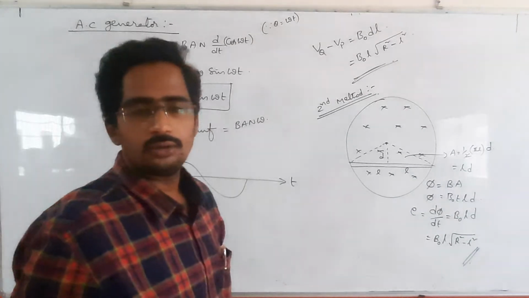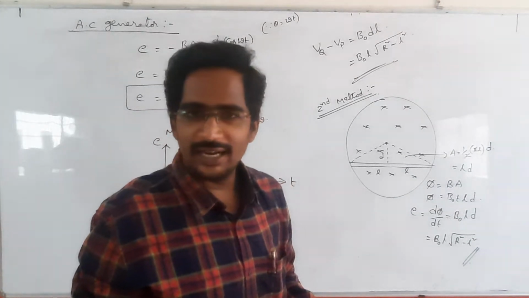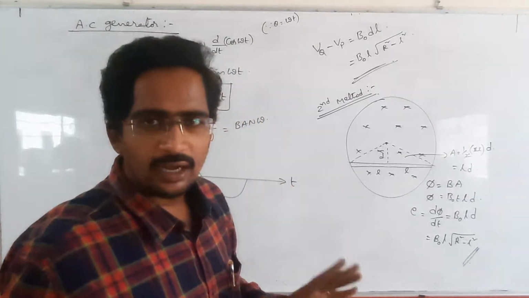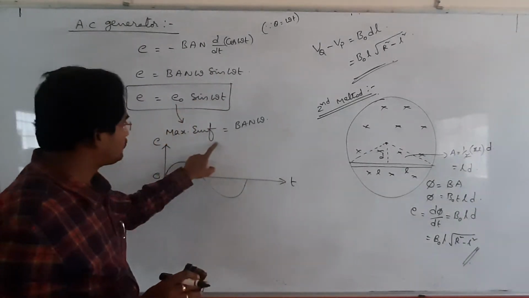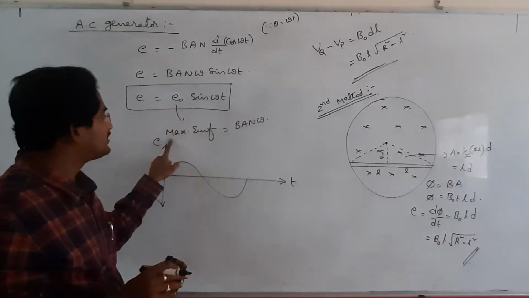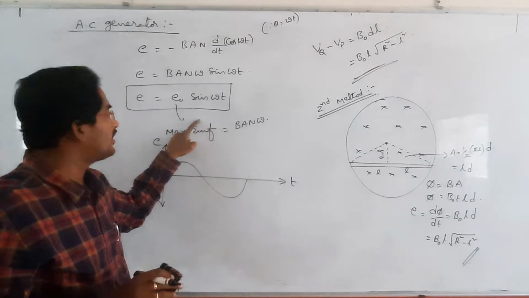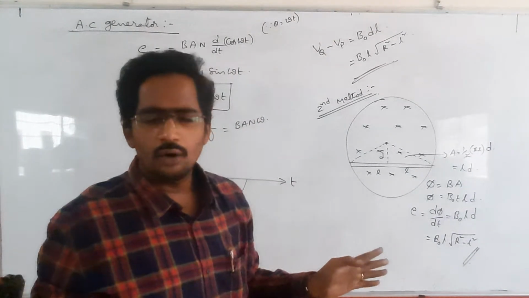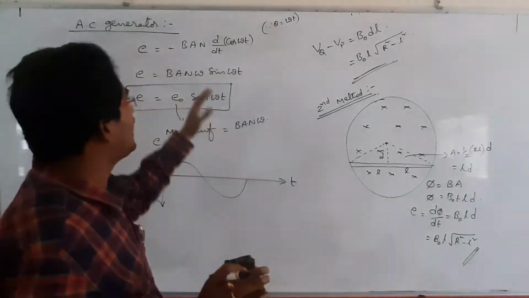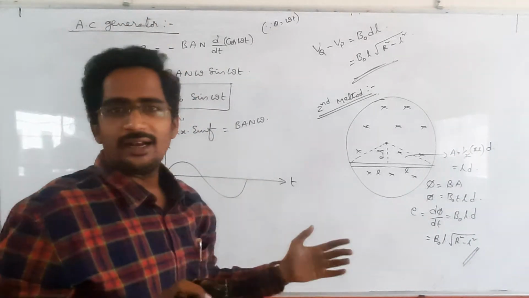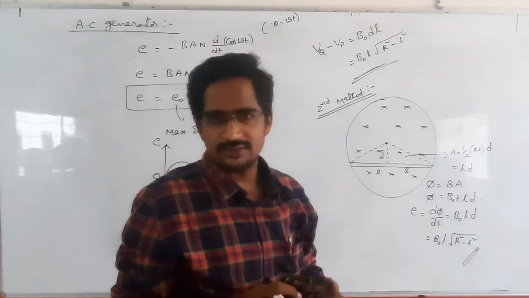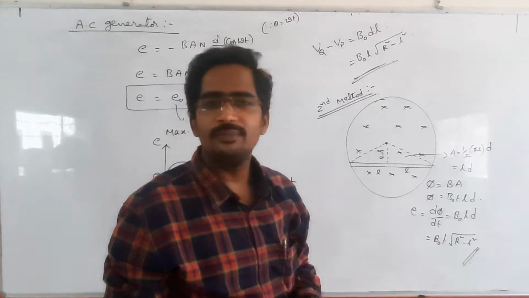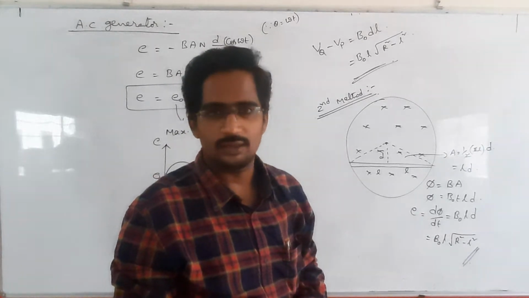If they ask you problems on the AC generator, they will ask only on the basis of these points. Maximum EMF formula, do remember it well. With that the AC generator is over. Okay. No need to worry about it. Just by knowing this much, you can easily attempt those problems in the exam.